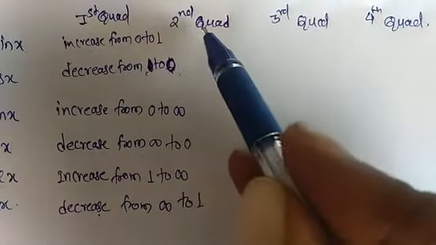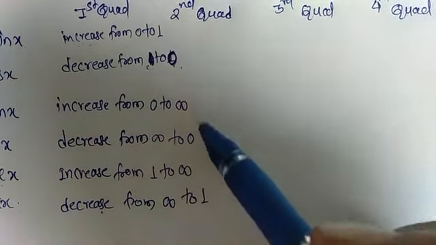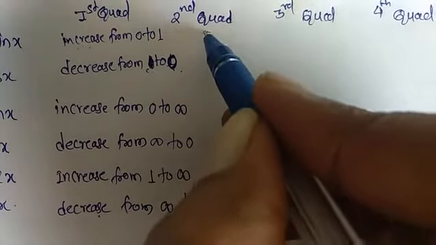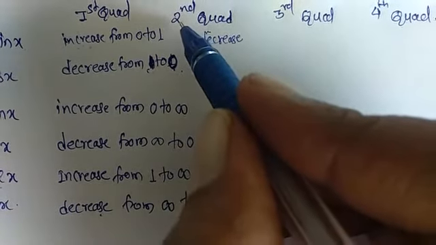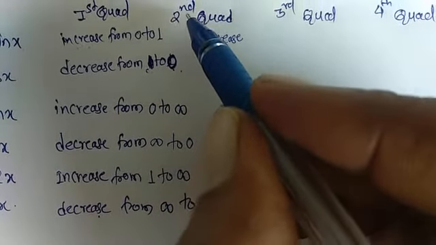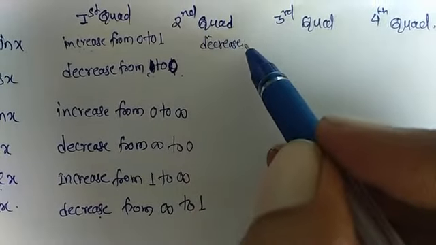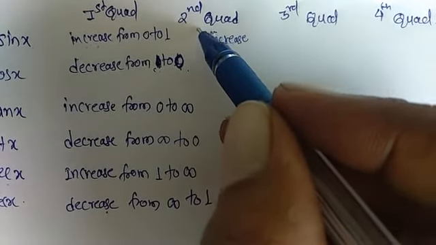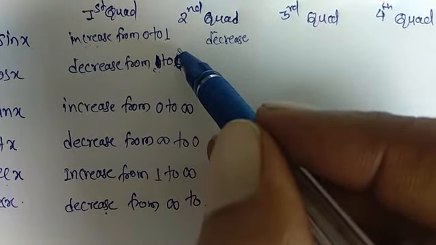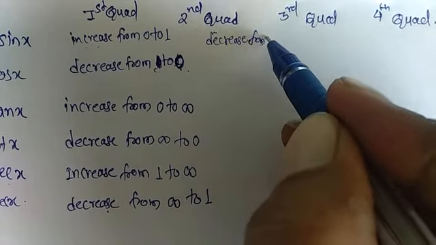Similarly you can take the second quadrant for sin x and cos x. Sin x decreases, because it goes from pi by 2 to pi. Sin pi by 2 is 1 and sin pi is 0, so it decreases from 1 to 0.